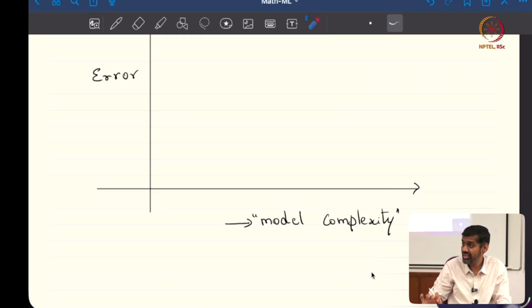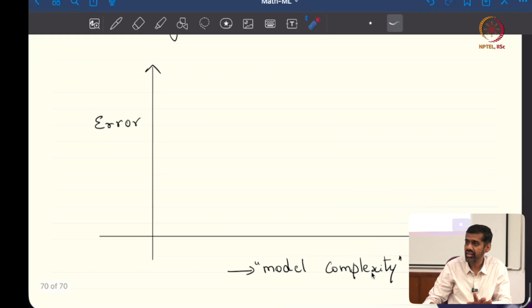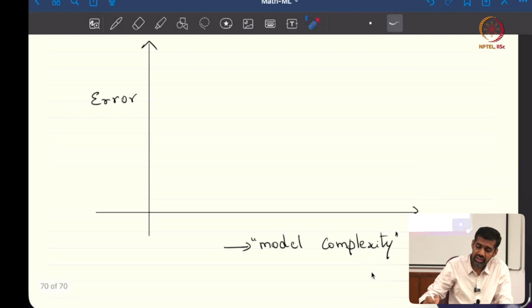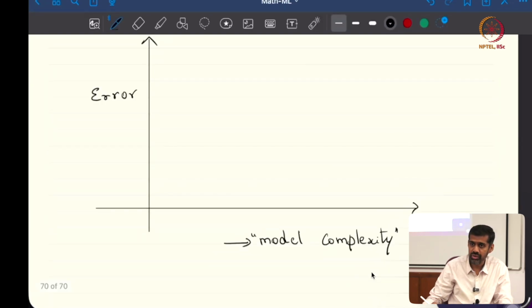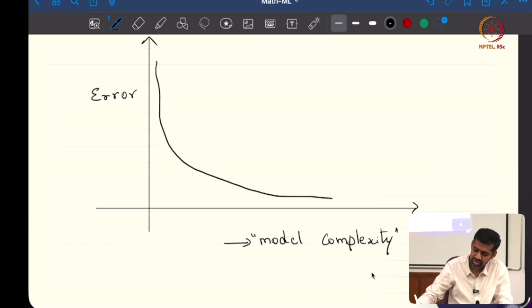And this plot is common across all the hypotheses that we will see in this entire course. It's very general that way. Okay. On the y-axis, we plot the error. Now, the typically observed behavior is, as the model complexity increases, you start with a large error model because you have made some initialization. As the model complexity increases, the error keeps decreasing.